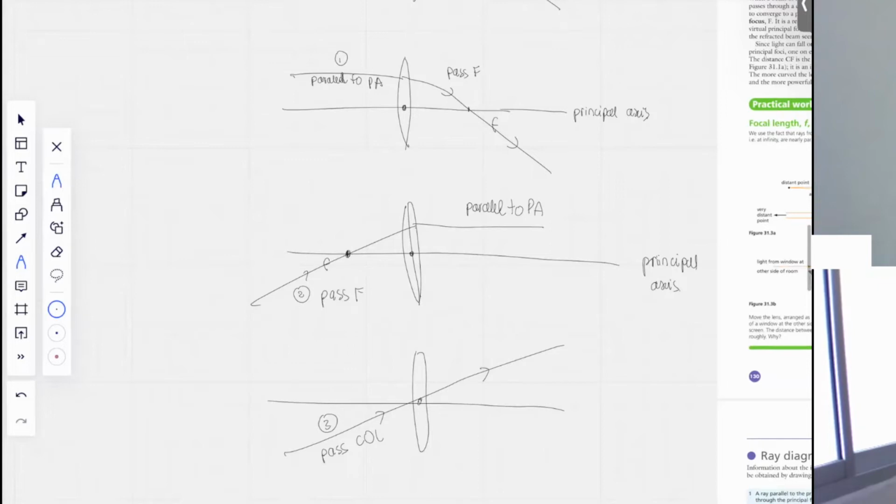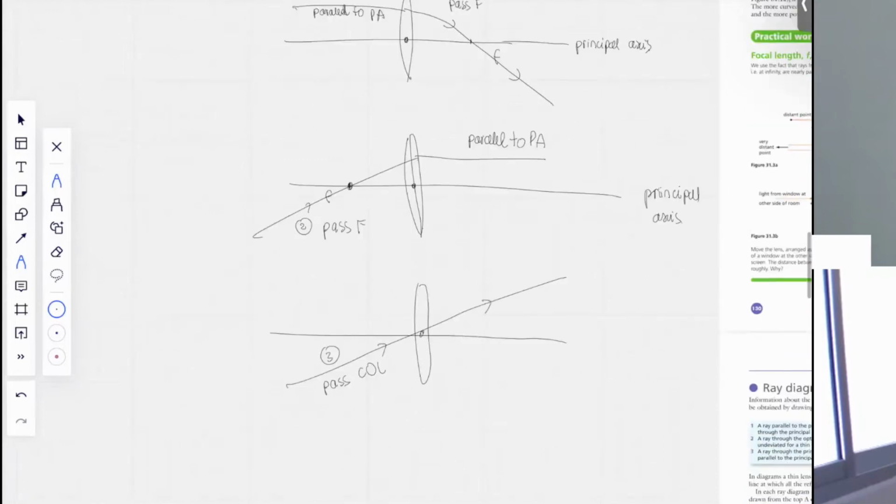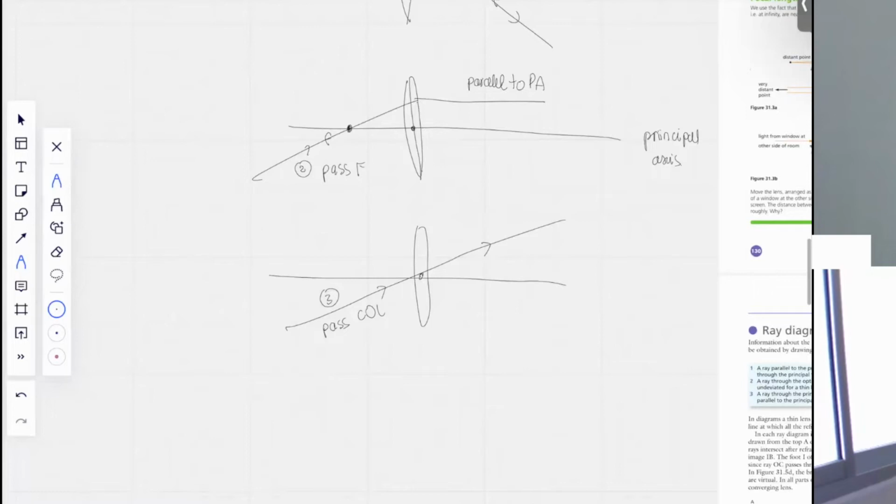Now this one is special. What if there is a light ray passing through the lens and it is not parallel to the principal axis, doesn't pass F, and doesn't pass the center of the lens? It's totally random, and it passes through. Then they ask you to draw. How to do it? That's the most difficult one.